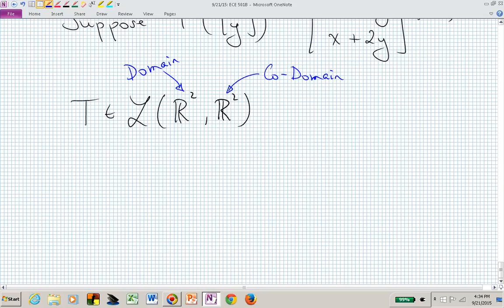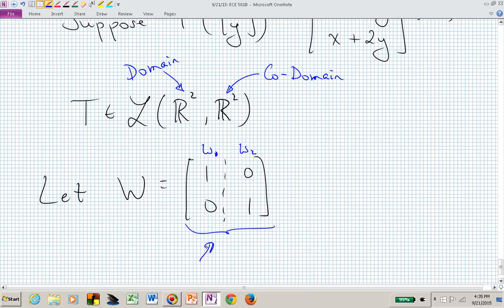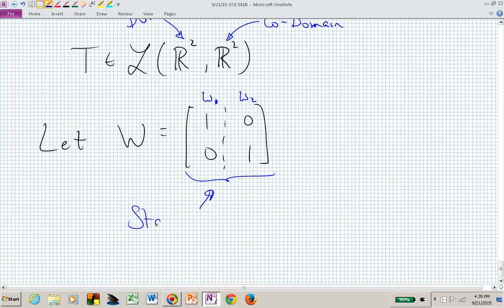Let's use both of those to represent different basis on our domain. Now let's create two other bases in W for the codomain. Let W be W1 and W2, and that should look very familiar. That's just our standard basis again.